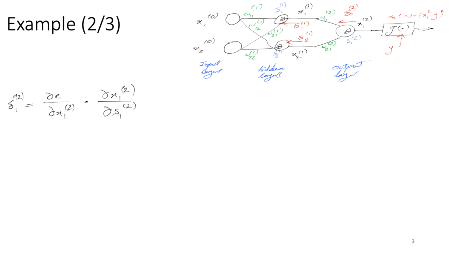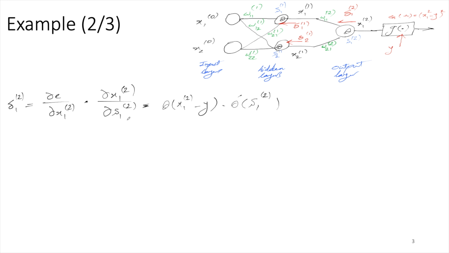So this one can be computed as always as partial E divided by partial x1 2, because of its own input. Its own input was x1 2. I'm sorry, it was the output of that. So that was the outer function, and this is the inner function for the chain rule, which was partial x1 2 over partial S1 2.